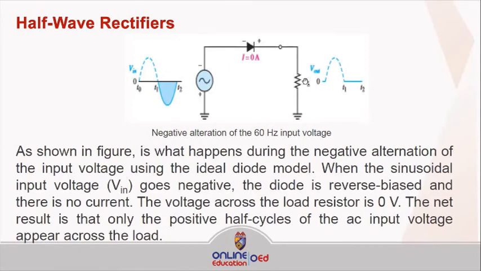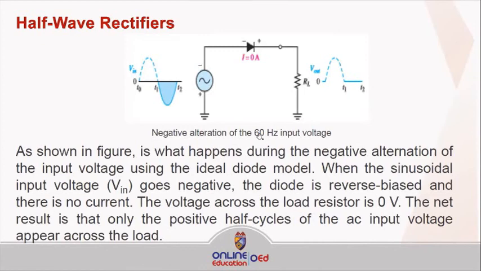Then the net result is that only the positive half cycles of the AC input voltage appear across the load. Okay? Yung positive half cycle lang makikita natin sa input voltage across the load. And the voltage across the load resistor is equivalent to 0 volts.